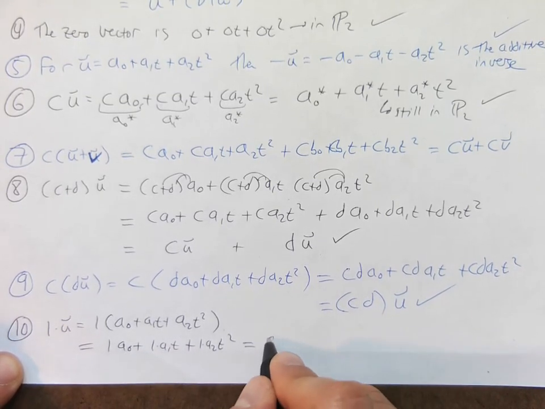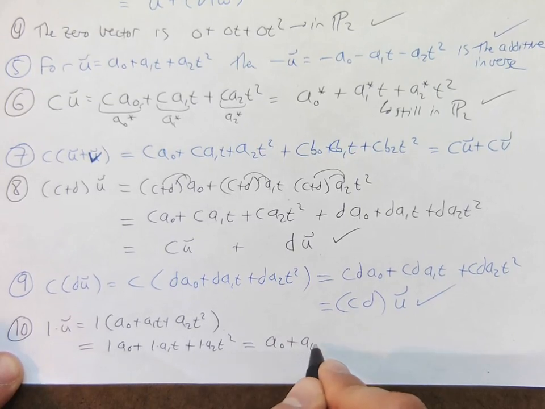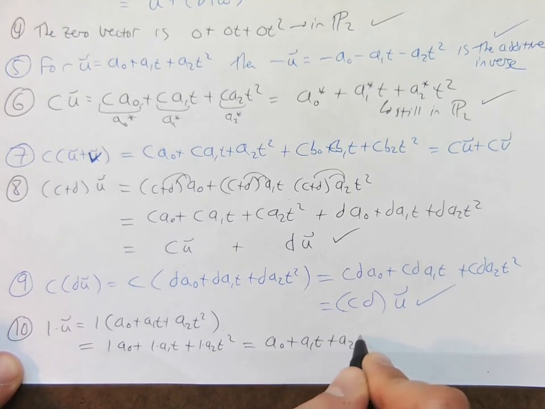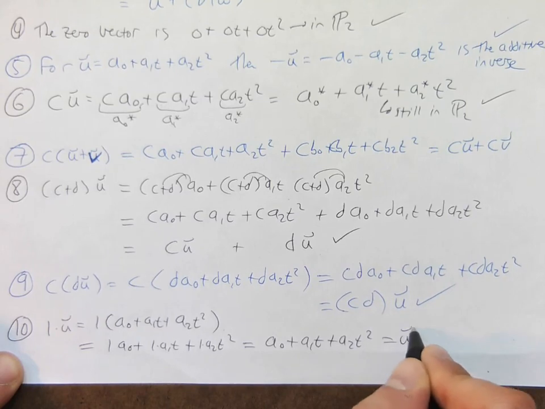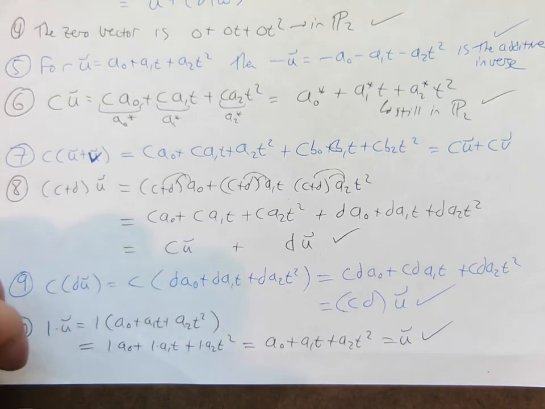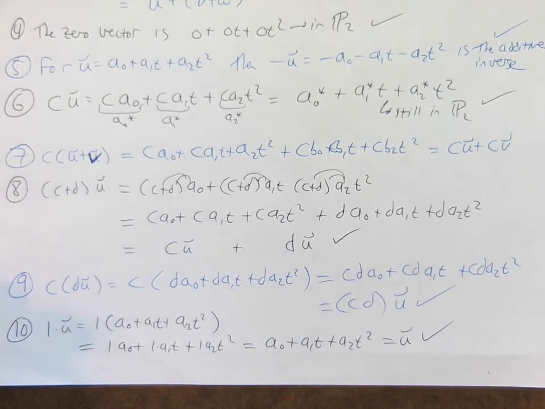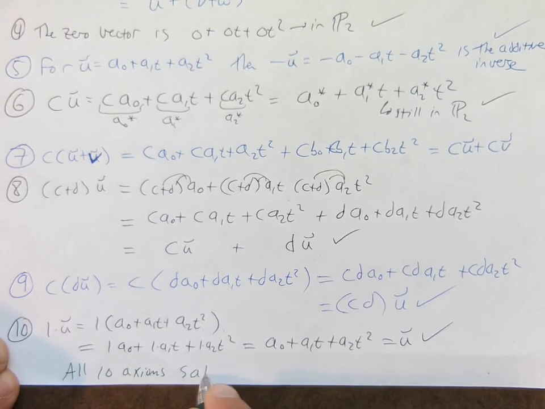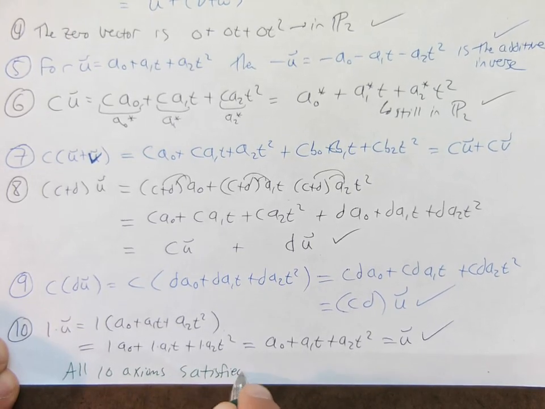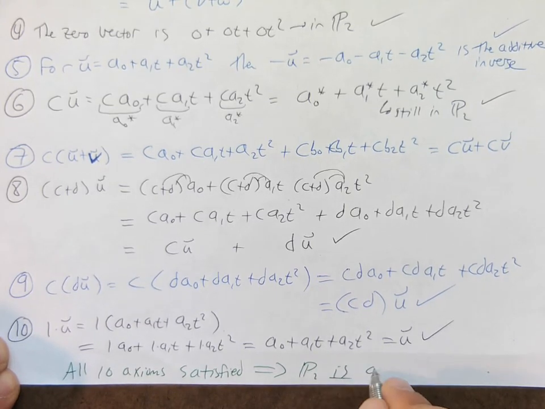And so this just ends up being exactly the same. So we showed that this did not change. Okay. So since all 10 property axioms were satisfied, this is a vector space. All 10 axioms satisfied. This implies P2 is a vector space.